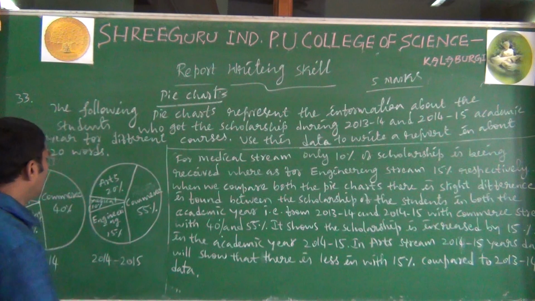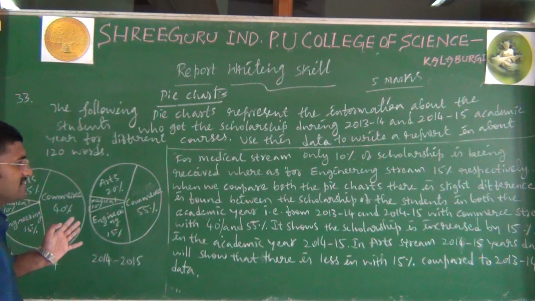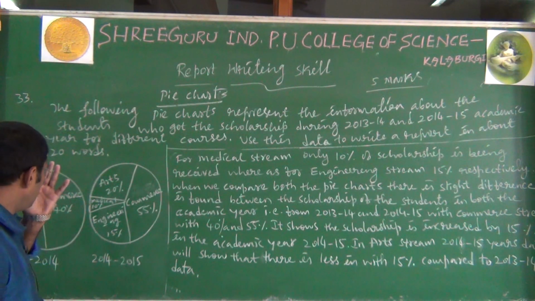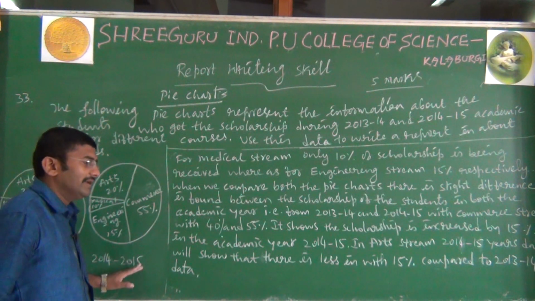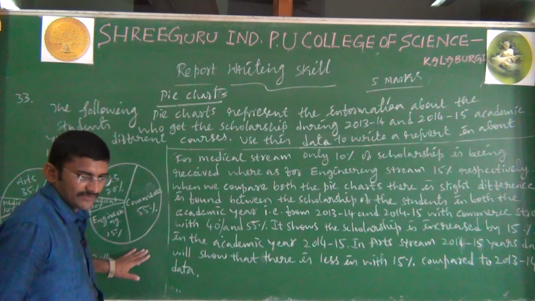So it shows here it is decreased. It means it is decreased by 15% in the year 2014 and 15 in getting the scholarship by the arts students.